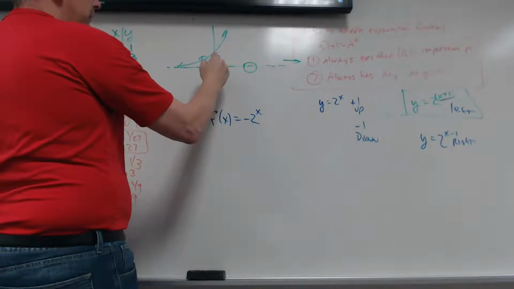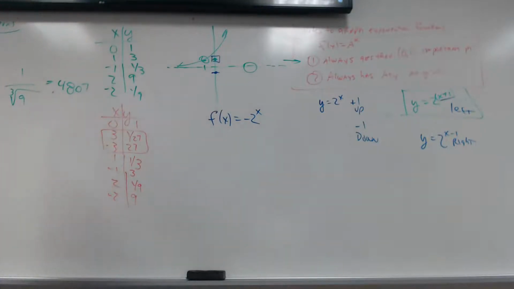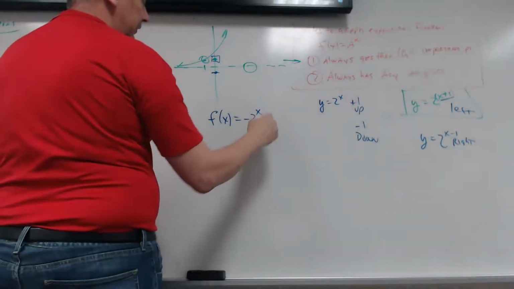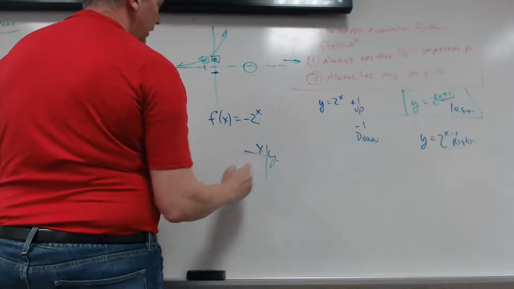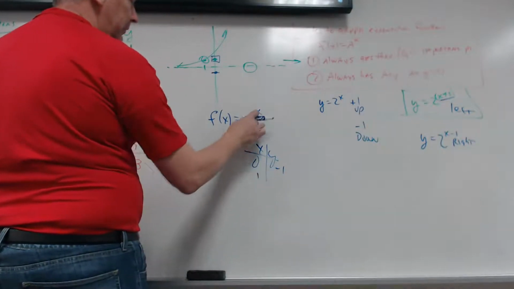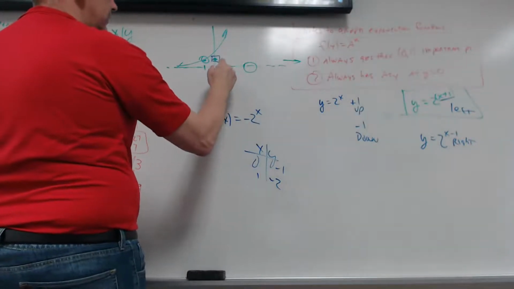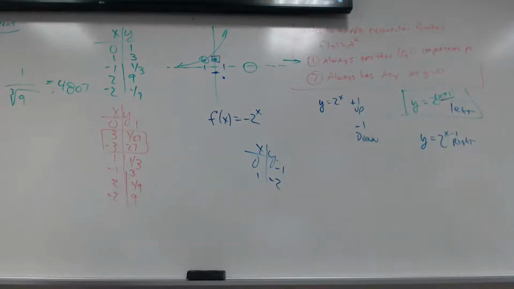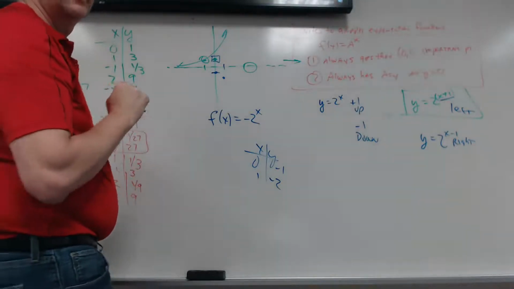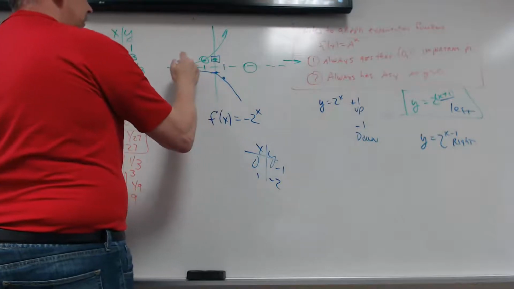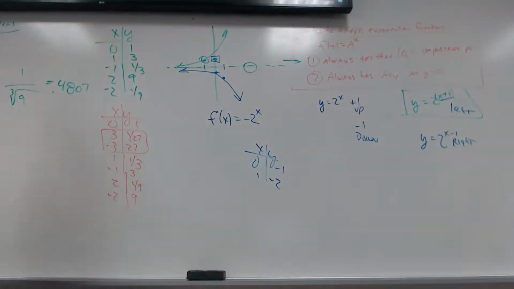From the other side, it's negative 1, okay? And then what? Plug in 1. If I do my XY table, so I got 0, negative 1. If I plug in 1, it becomes negative 2. So 1 is negative 2. Can you tell what's going on now? It's going to be a mirror image of that. Okay? Does that make sense?